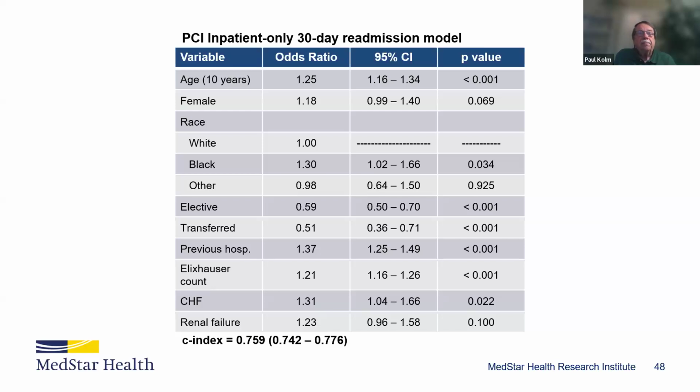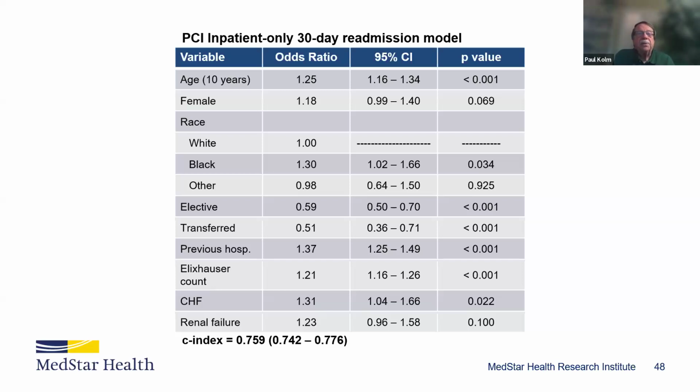And then we have some others down here where we have an odds ratio less than 1, which means that our regression coefficient was negative. So, for example, if the procedure was elective, then the odds ratio is 0.59.